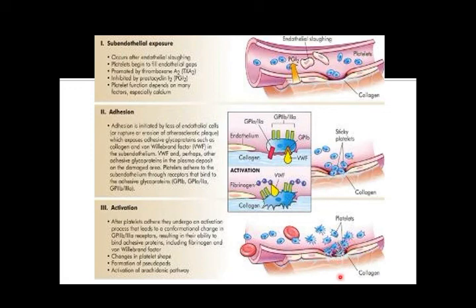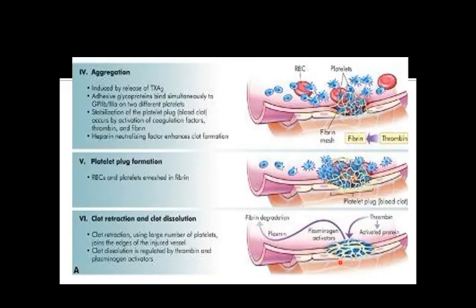And then at the same time as these platelets are becoming active and sticky with one another, we have the development of these fibrin strands as a result of activation of the clotting cascade.